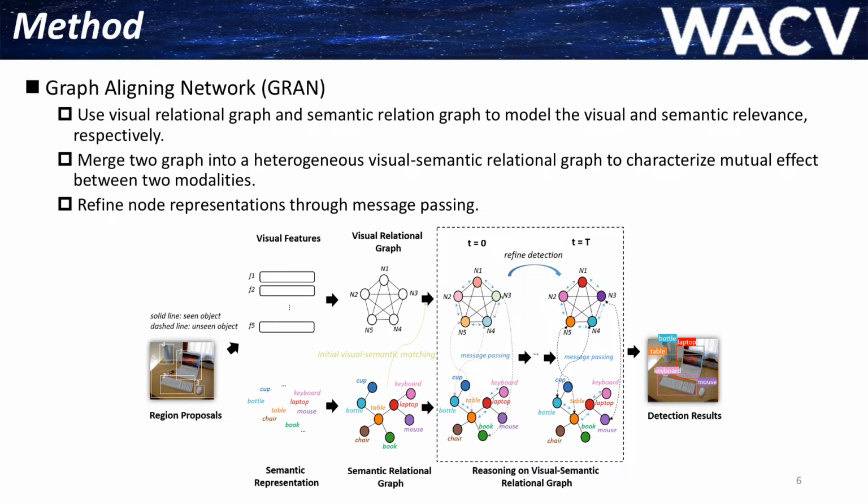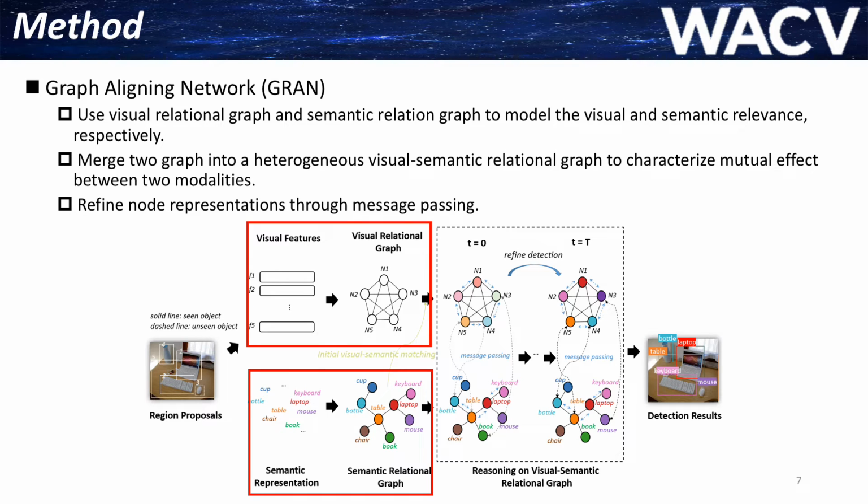Our method is the Graph Align Network, which mainly contains the following steps. First, we formulate a visual relational graph and a semantic relational graph, where the nodes are the objects in the image and the semantic representations of classes respectively, and the edges are the relevance between nodes in each graph.